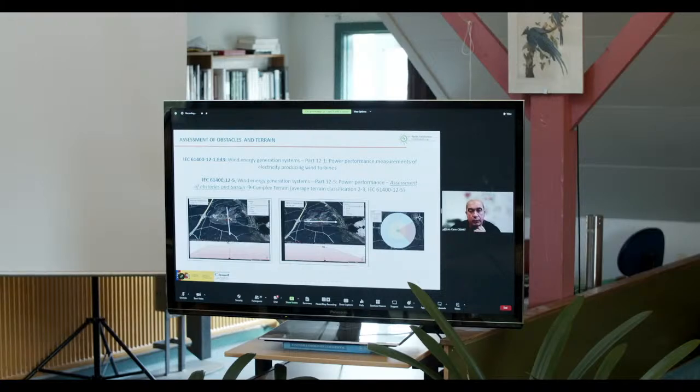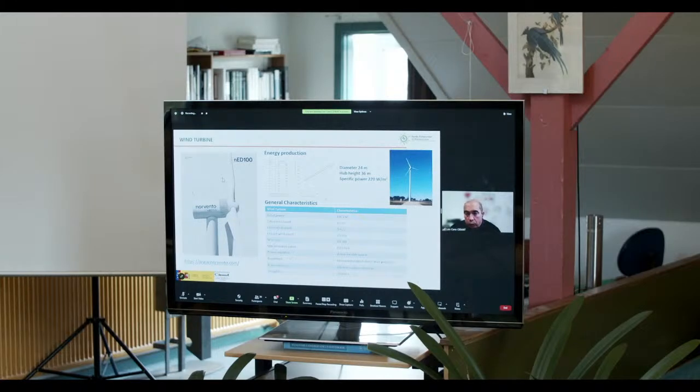The result is that this installation, for this machine, is a complex terrain with more or less an average terrain classification 2 or 3 in accordance with the results shown in the IEC standard.